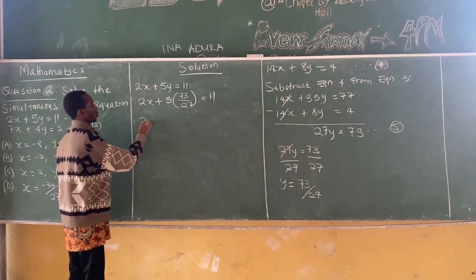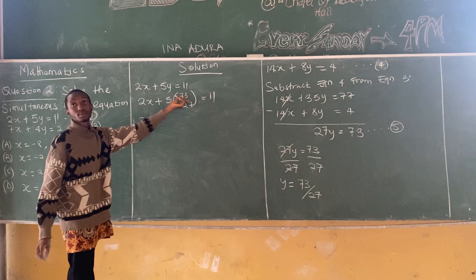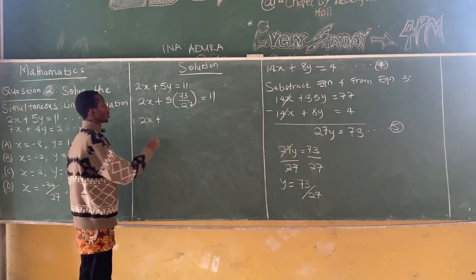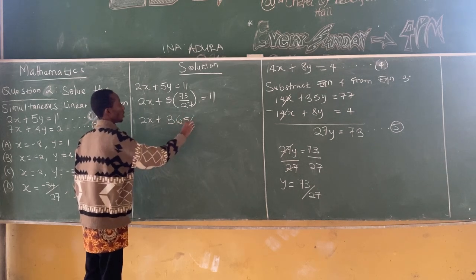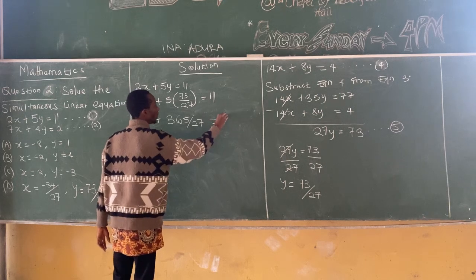We have 2x plus 5 times 73. 5 multiplied by 73, we have what? 365 over 27 is equal to 11.